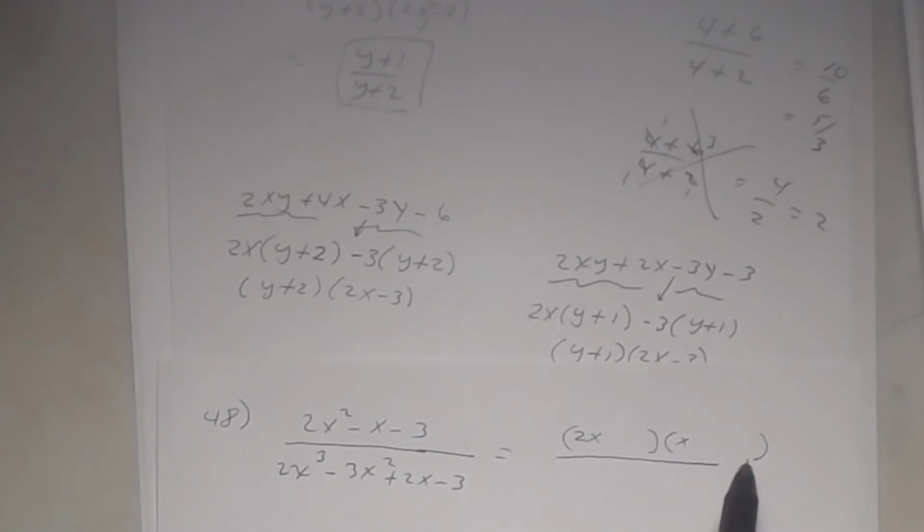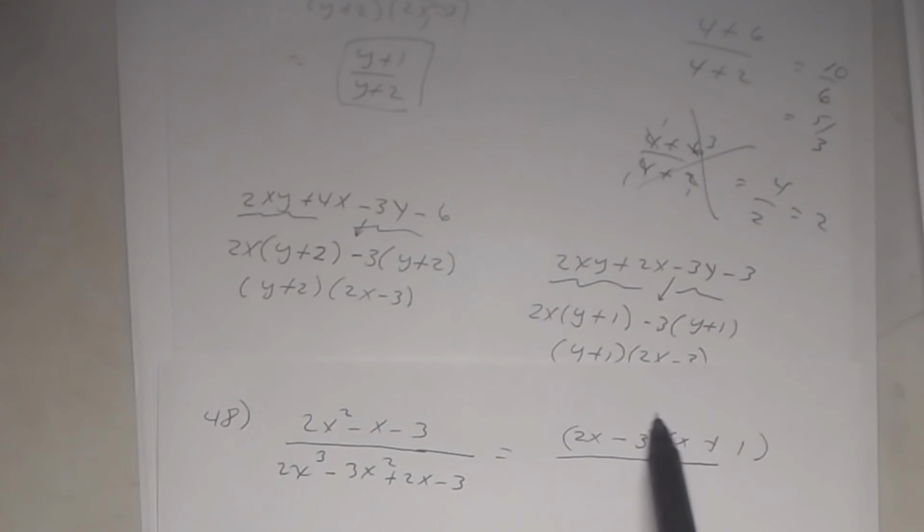We've got to figure out which parentheses to put that in. The last sign is negative, so one's going to be positive, one's going to be negative. It's got to equal negative 1, so it's going to be negative. The 3. All right, now let's check it. You need to get that negative x. What's the outer?